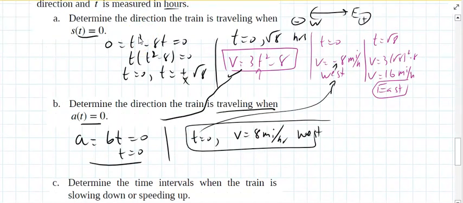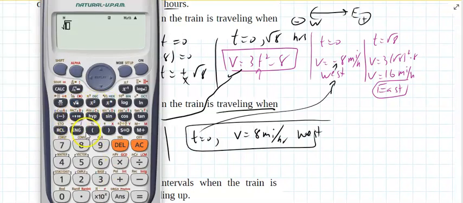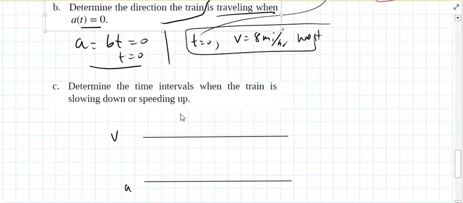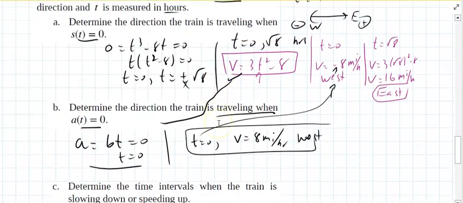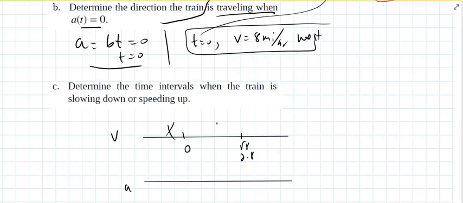Radical 8 is a number between 2 and 3, like 2.8. So we could say velocity between 0 and radical 8, or 2.8. To the left of 0, there's nothing, of course. We match 0 here, and we'll match the rest.